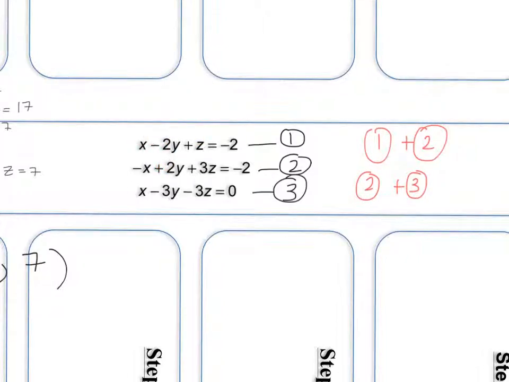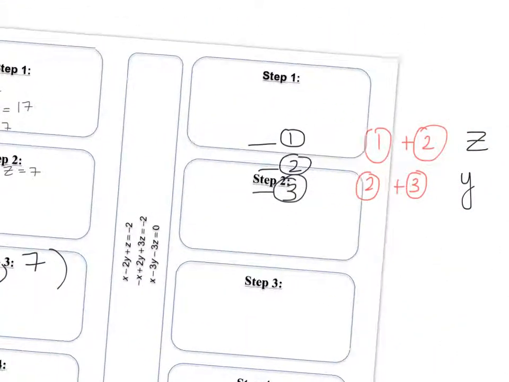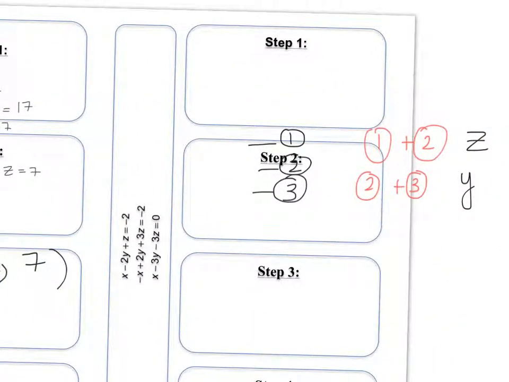I will be left with z, so I can find z from adding 1 and 2. If I add equation 2 and 3, the x and the z will cancel out, so I will be able to find y. And then once I find y and z, I can plug into any of the original equations to find x. So let's go ahead and start working on that.